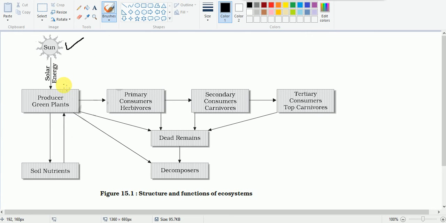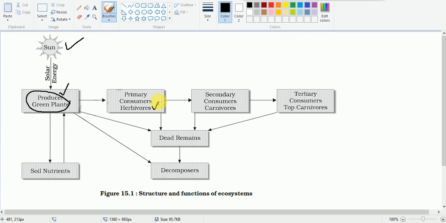Then from the sunlight, these green plants grow. That means using sunlight, we have learned about photosynthesis, plants manufacture food, and because of that, these green plants are growing up. And these plants are producers. Green plants are producers, and these green plants are eaten by herbivores, known as primary consumers.